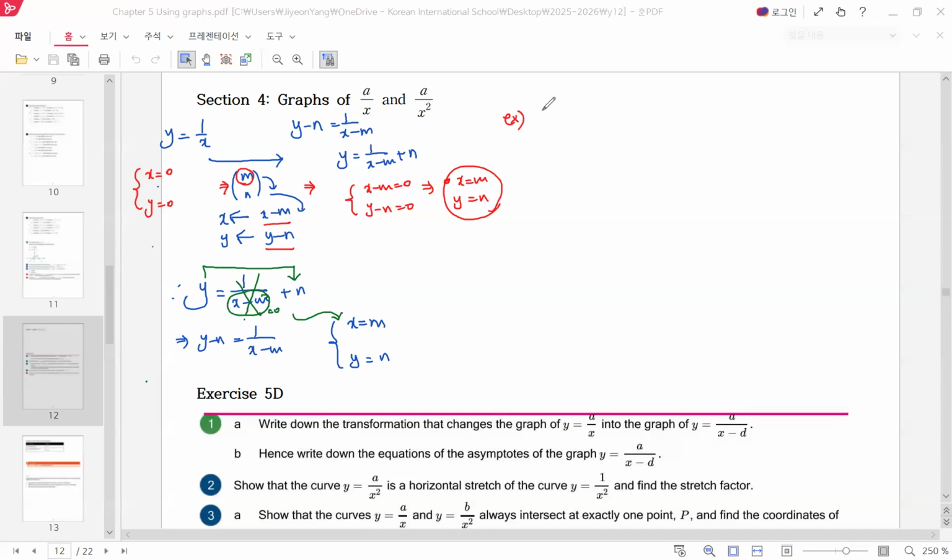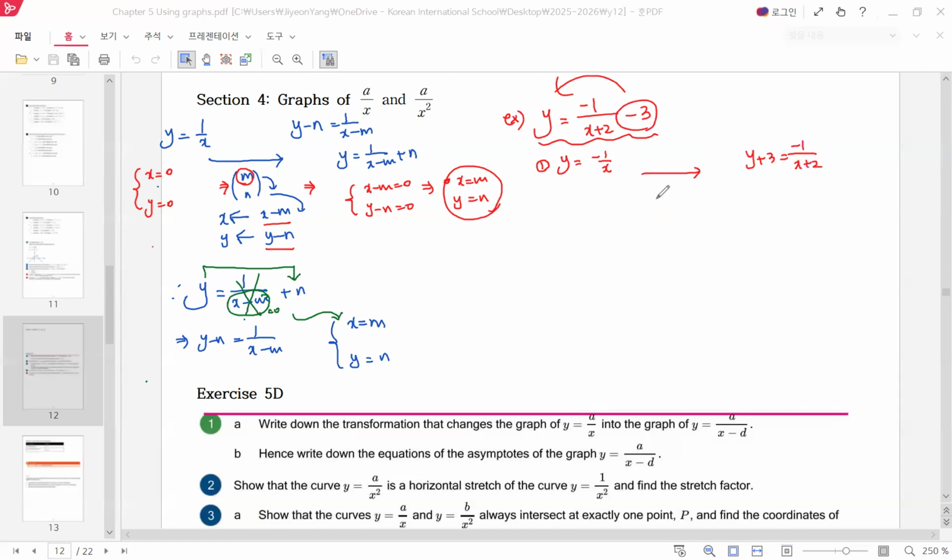There is a function which is written as y equals negative 1 over x plus 2, minus 3. Firstly, let's find the translation vector. The original form should be y equals negative 1 over x. Then this graph can be written as y plus 3 equals, moving this one to the left side, negative 1 over x plus 2.